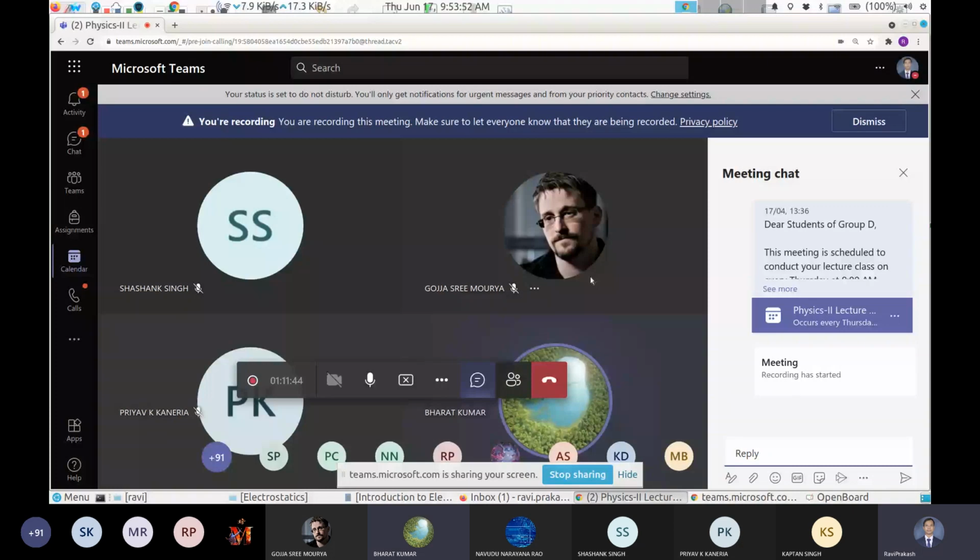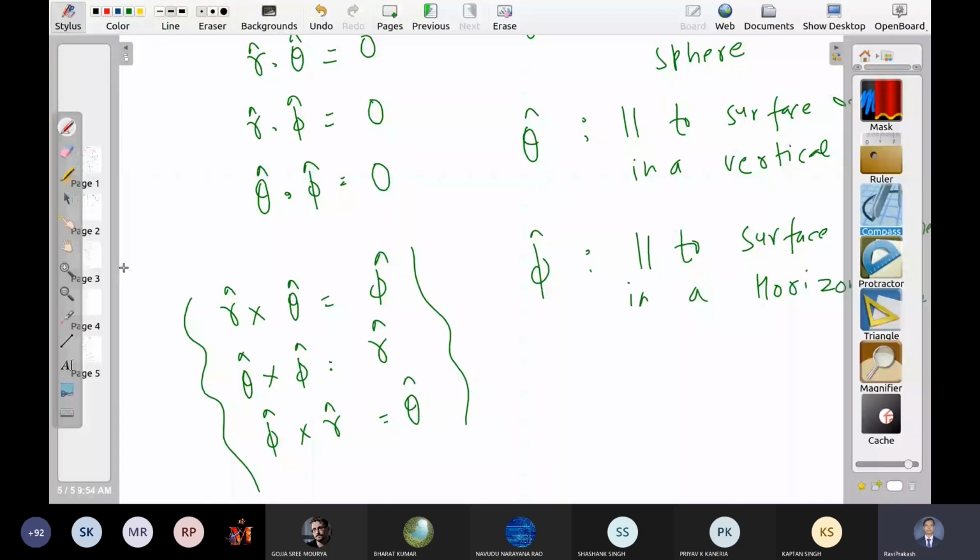So this is the coordinate. This is the nomenclature of the R theta phi system. Most of you must have heard about this in calculus 2. Now coming to the main part.